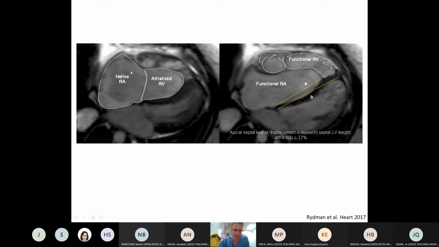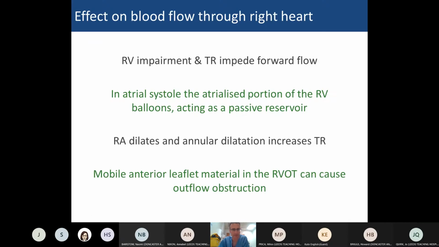So here you have the native right atrium, and here you have the atrialized right ventricle, and all of that together then becomes a functional right atrium, with this smaller section here being the functional right ventricle. You can see the displacement. They've measured the displacement of the valve apically there.